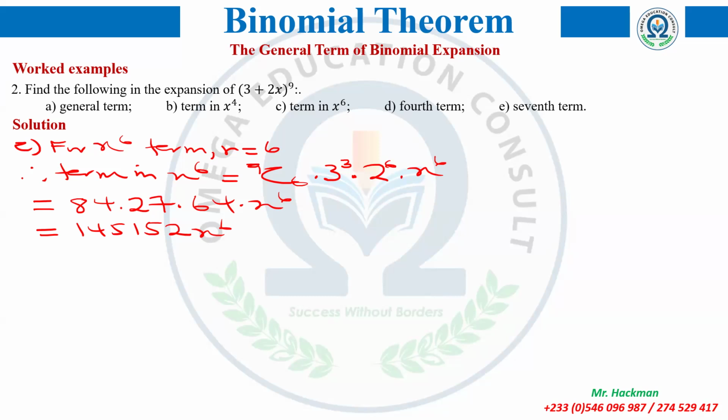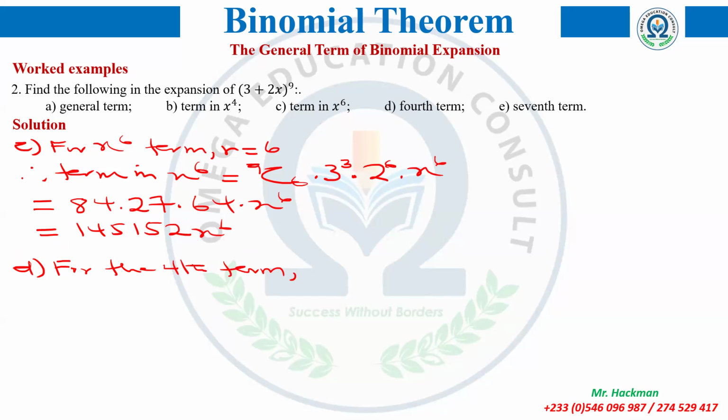Now let's go to D, the last but one. What are we looking for? The fourth term. If you are looking for a particular term, fourth is a positional term.